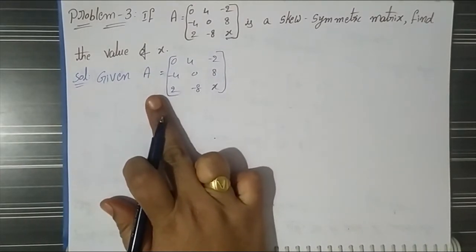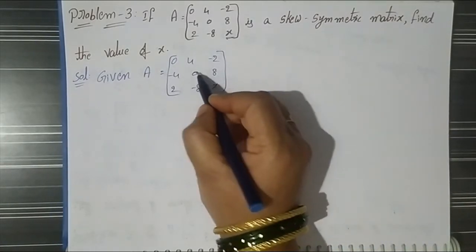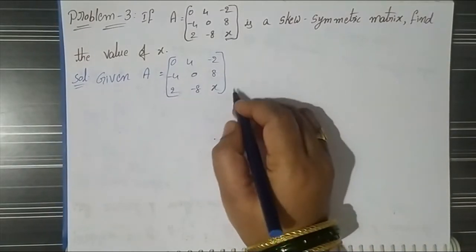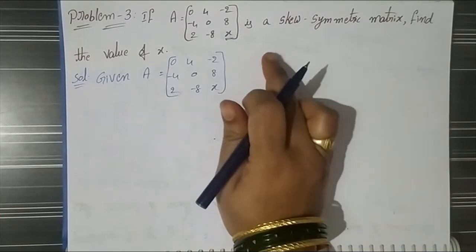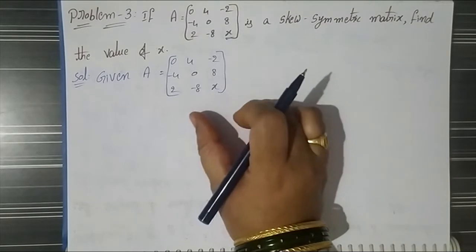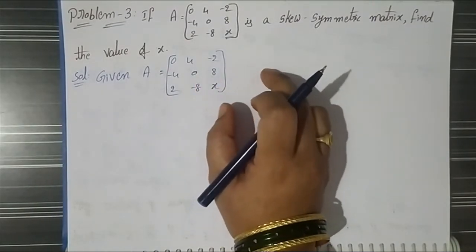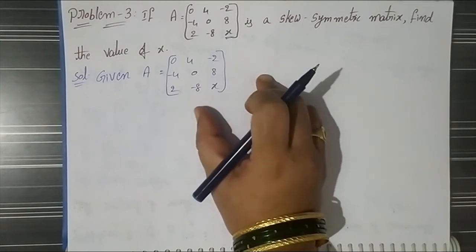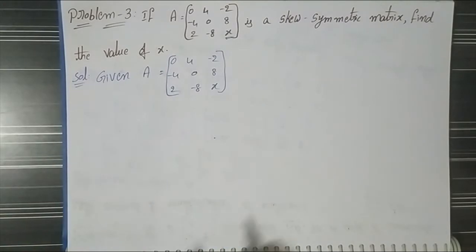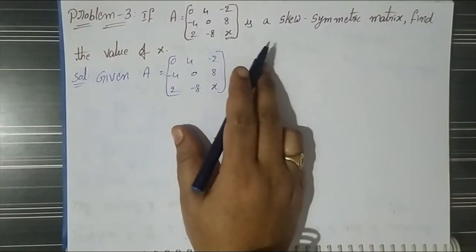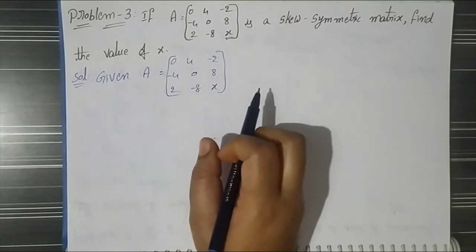Already we know that A is a skew symmetric matrix. Skew symmetric matrix means that in a skew symmetric matrix, the ijth element of matrix A is the same as the negative of the jith element. And also we indirectly understand from the definition that in a skew symmetric matrix the diagonal elements are equal to each other.